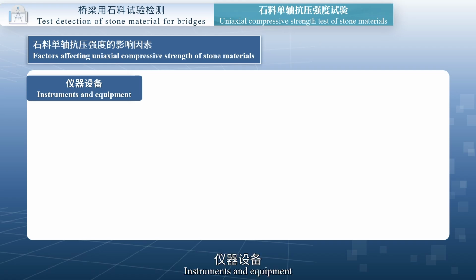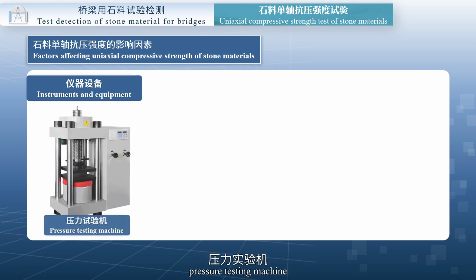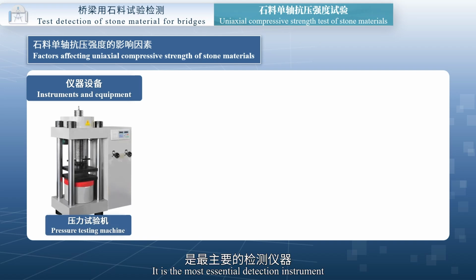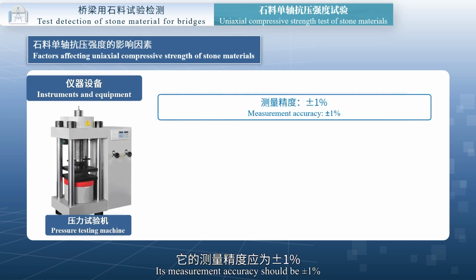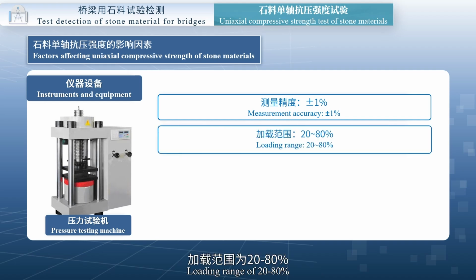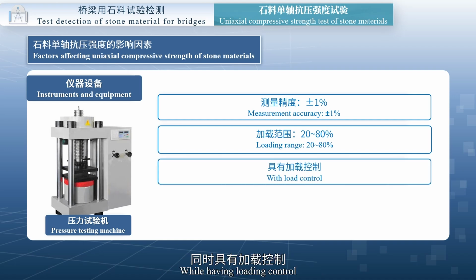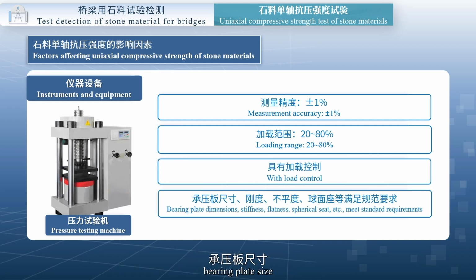1. Instruments and equipment. The pressure testing machine is the most essential detection instrument. Its measurement accuracy should be plus or minus 1%, with a loading range of 20 to 80%, while having loading control. Bearing plate size, stiffness, flatness, spherical seat, etc. must meet specification requirements.